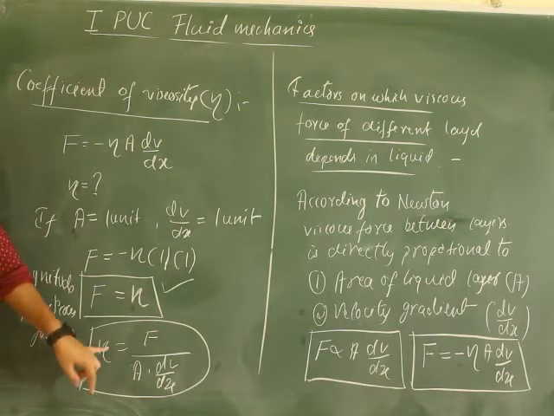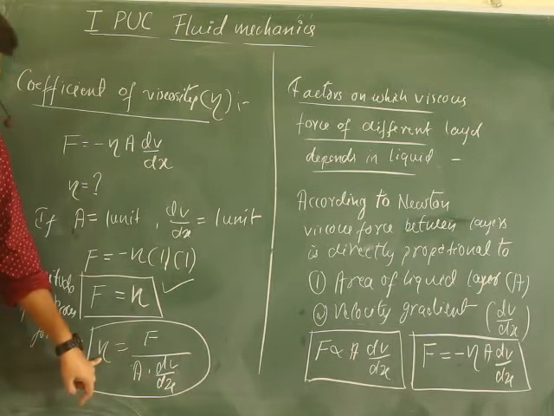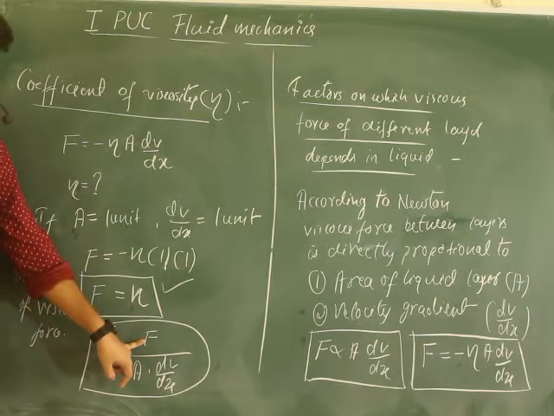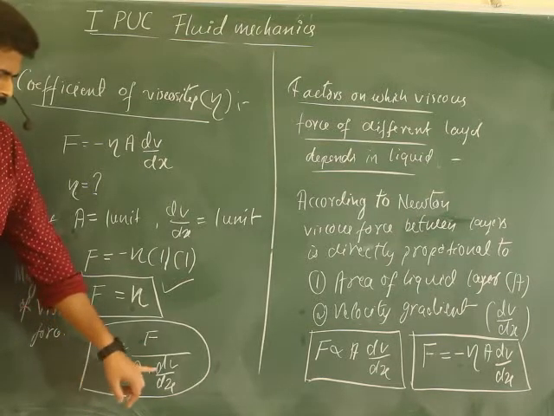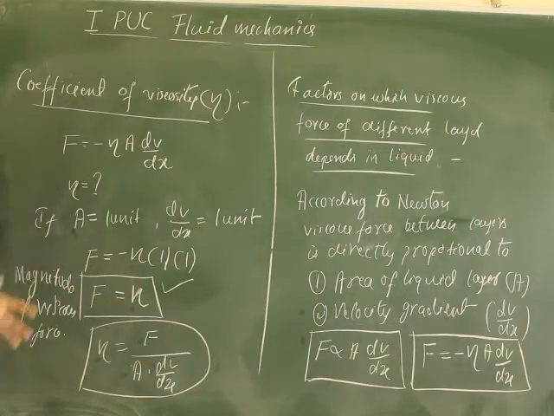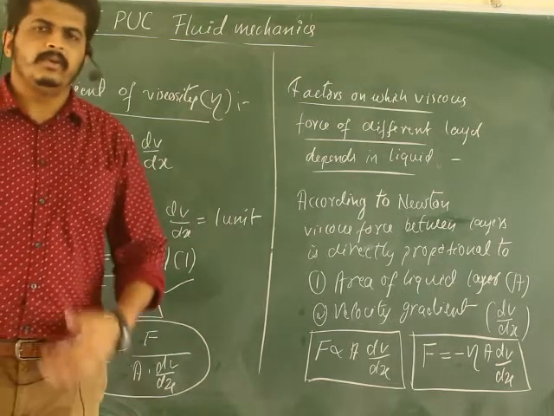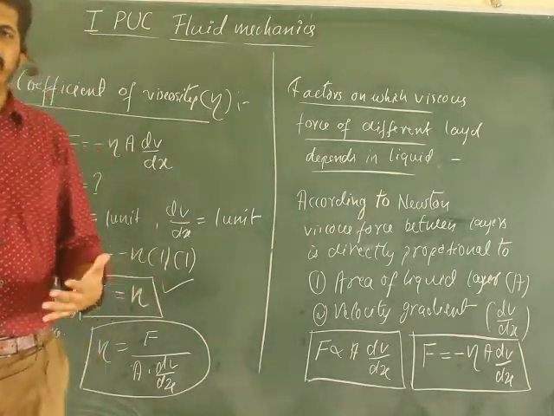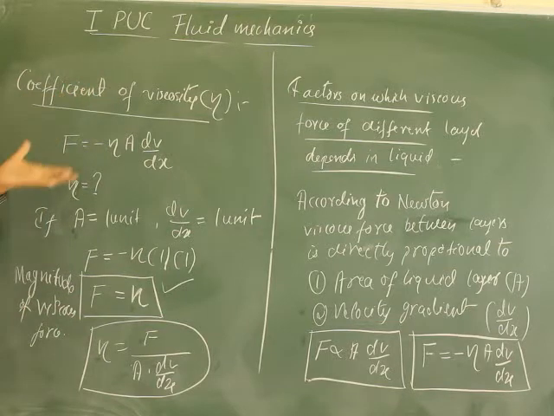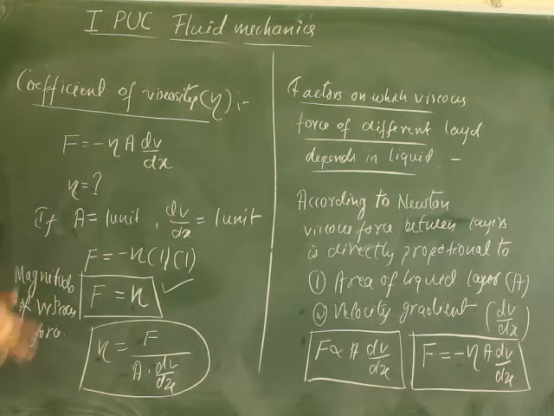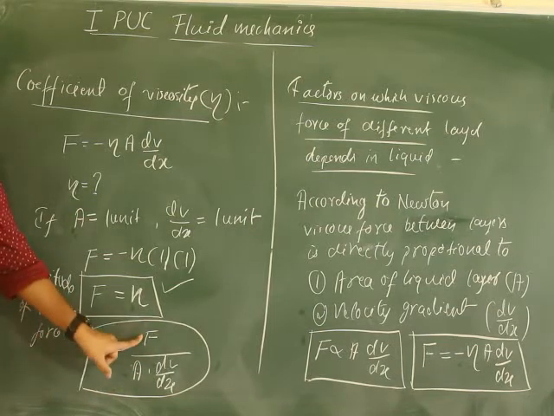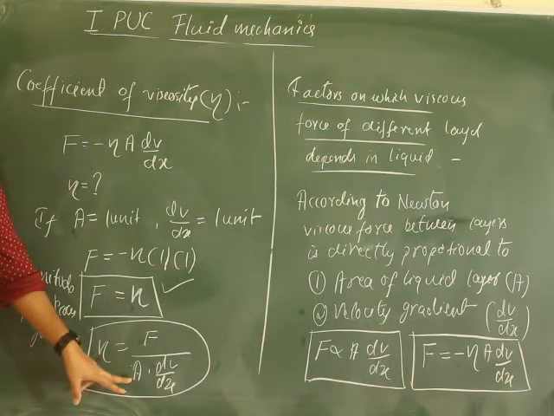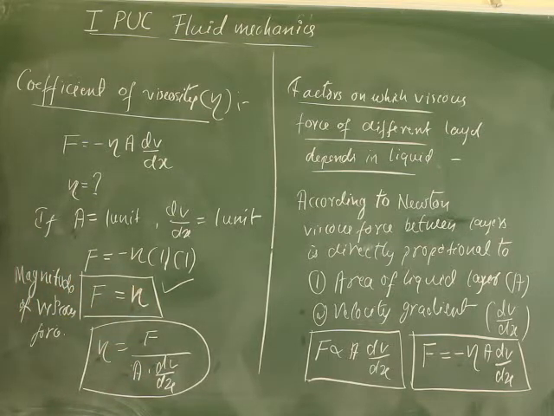So the coefficient of viscosity is defined as the viscous force per unit area of a layer of the liquid and unit velocity gradient. I told you the definition, hope you are able to recall it. The coefficient of viscosity is a standard way of understanding because it's a constant. So rearrange like this and we get eta.